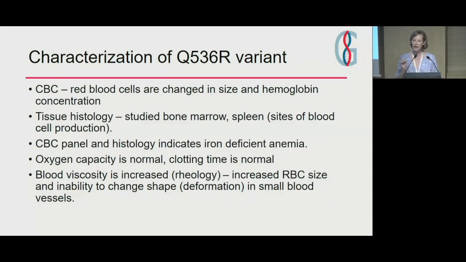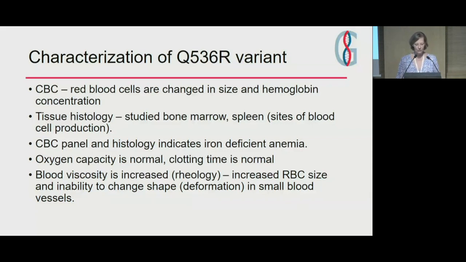She did look at things like oxygen capacity and clotting time, and those were actually normal. So unlike the cell-selective knockout, there were not clotting deficiencies in this loss of function variant. So it's not as extreme of a problem as in the complete null mutation, actually.